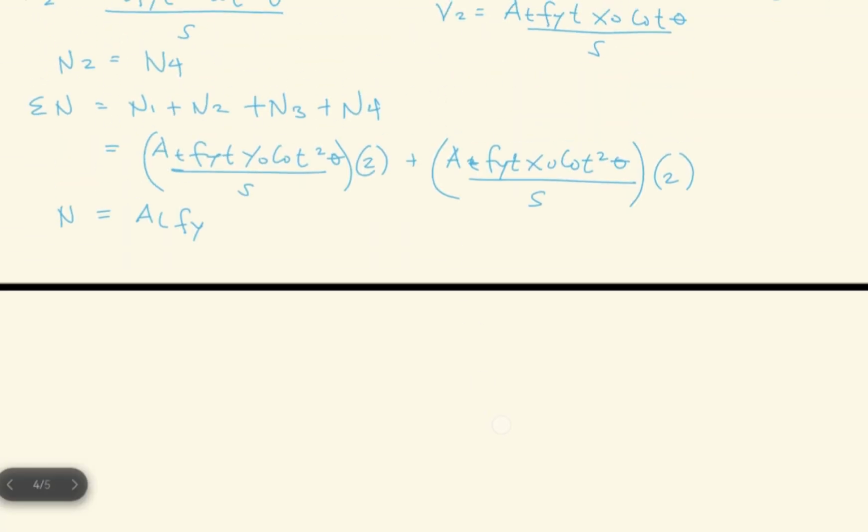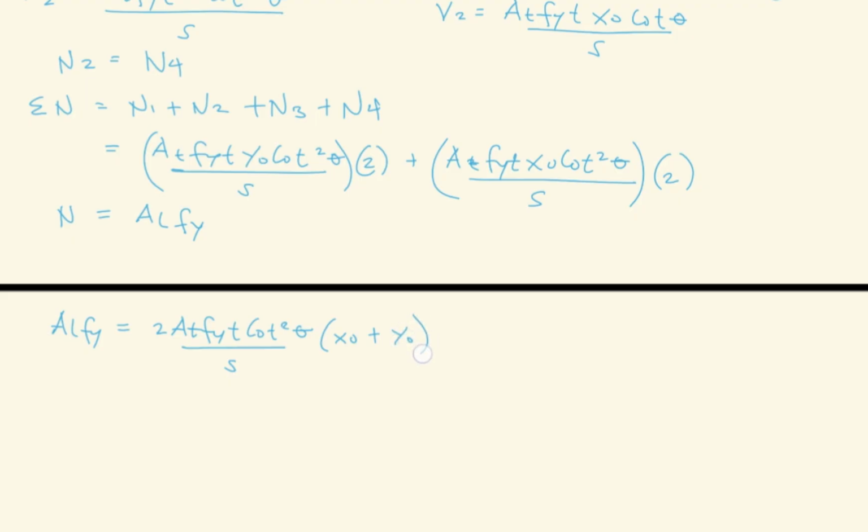Hence, we can rewrite the equation as A sub L Fy equal to At fyt cotangent squared theta divided by s multiplied by x sub o plus y sub o.